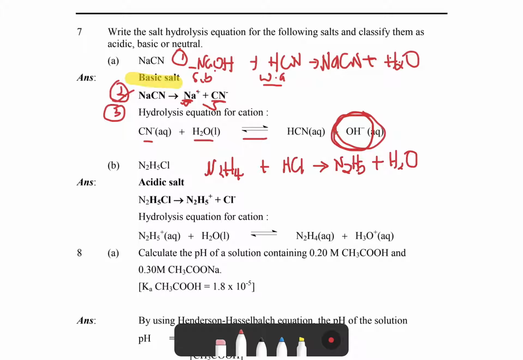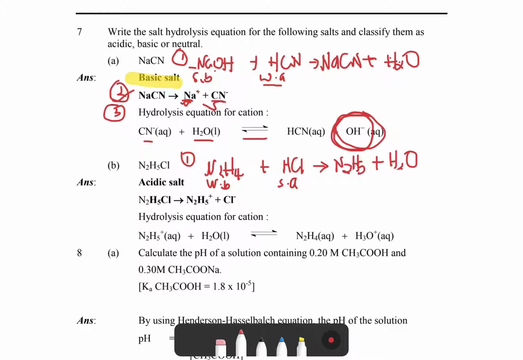So this is your first equation. And then you determine the acid and base, whether it is strong or weak. So N2H4 dia adalah weak base. Okay, weak base because dia tiada OH, dia bukan metal hydroxide. Okay, HCl is a strong acid.